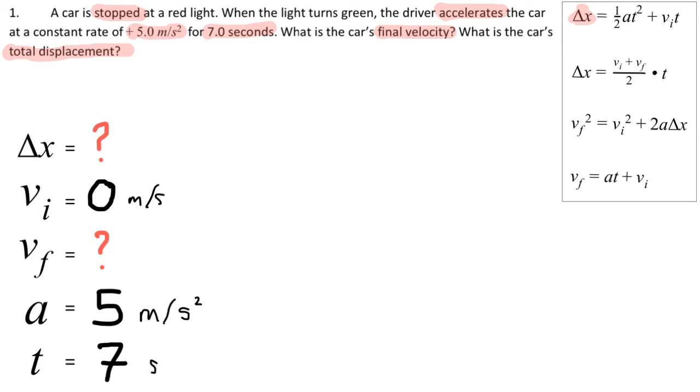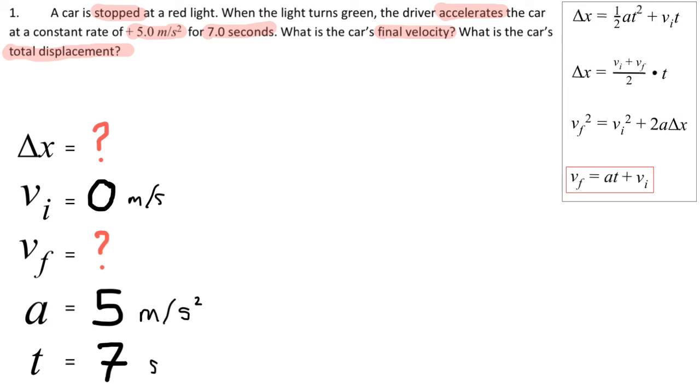The second equation, we don't know displacement, and we don't know final velocity, so that's not going to help us. Third equation, we don't know final velocity, and we don't know displacement either. Last equation, we don't know final velocity, but we do know the rest. So bingo, we're going to use this one.